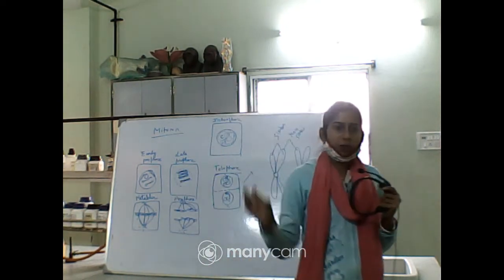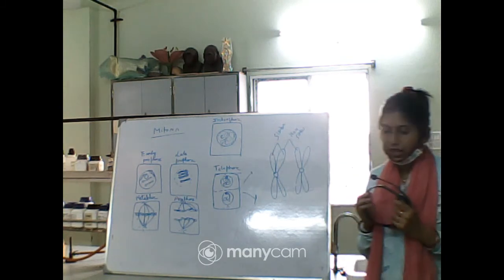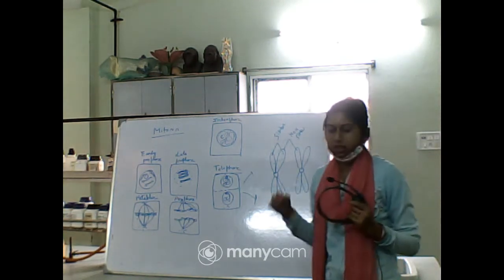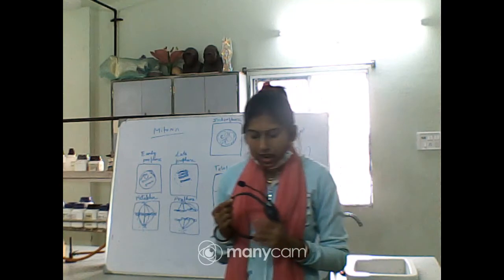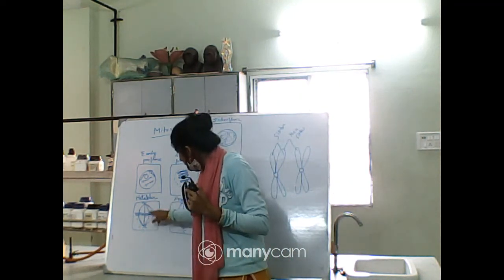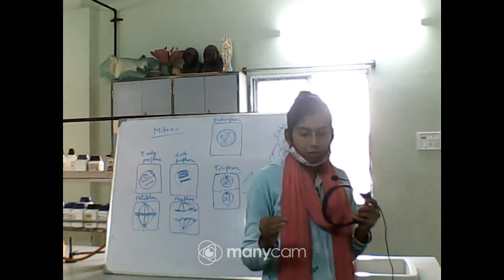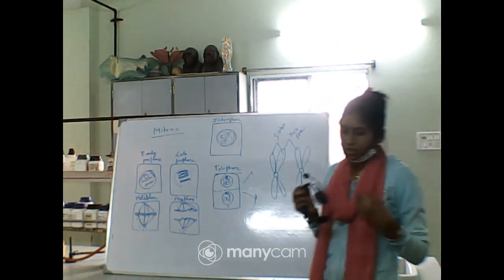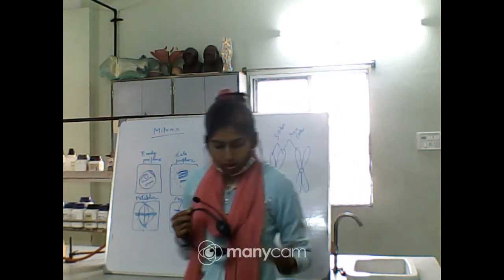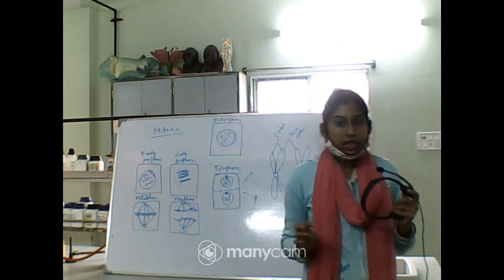Now come to the next phase, metaphase. Metaphase is an important phase of mitotic cell division. A bipolar spindle develops in the cell. You can see that the spindle has developed at the two different poles, and the chromosomes become thicker and more clear.